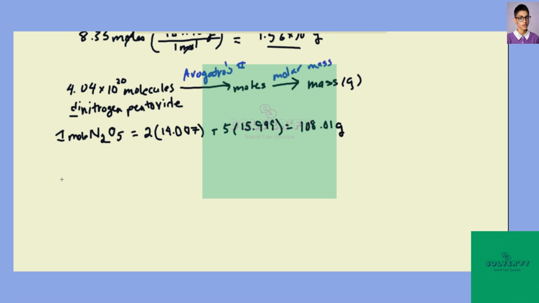So this is a two-step problem where we first start off with our molecules, and we change to moles using Avogadro's number. 1 mole is equal to 6.02 times 10 to the 23rd molecules.